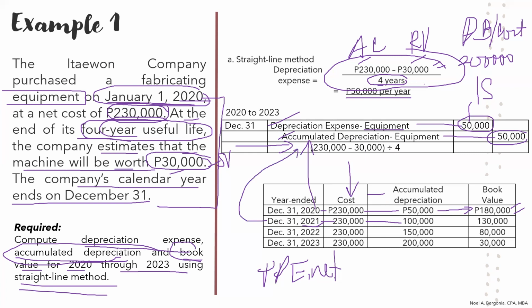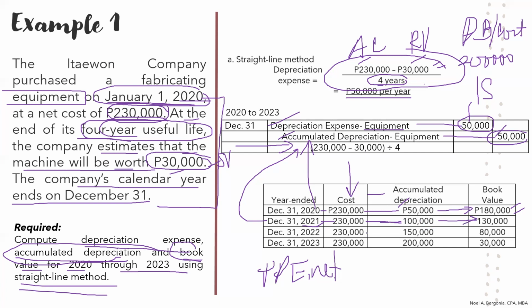So nag-credit ka, accumulated ulit. Nabanggit kanina that accumulated depreciation is the cumulative amount of depreciation expense. So from 50 last time, nadagdagan siya ng another 50,000 during 2021, kaya naging 100,000. Okay? And then of course, the cost less accumulated depreciation, ang natitira na lang na book value natin or net book value or carrying value of that fabricating equipment is 130,000.